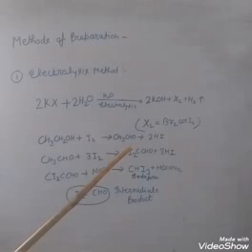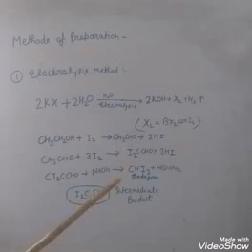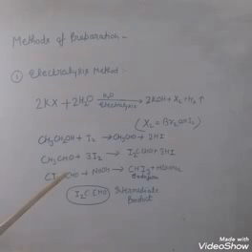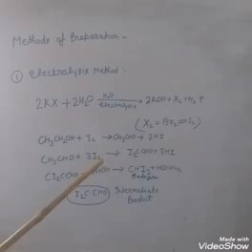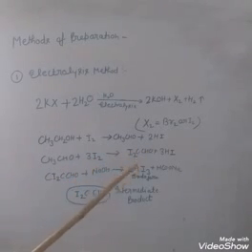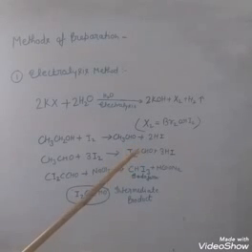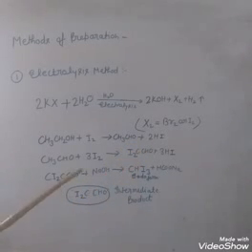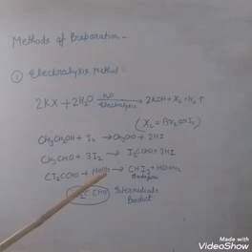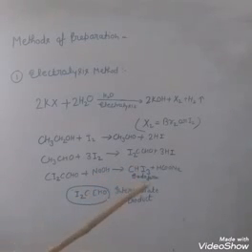After this reaction, acetaldehyde again reacts with iodine and gives the intermediate product, and this intermediate product reacts with sodium hydroxide to give iodoform and sodium formate. In these methods, bromoform and iodoform both are obtained.